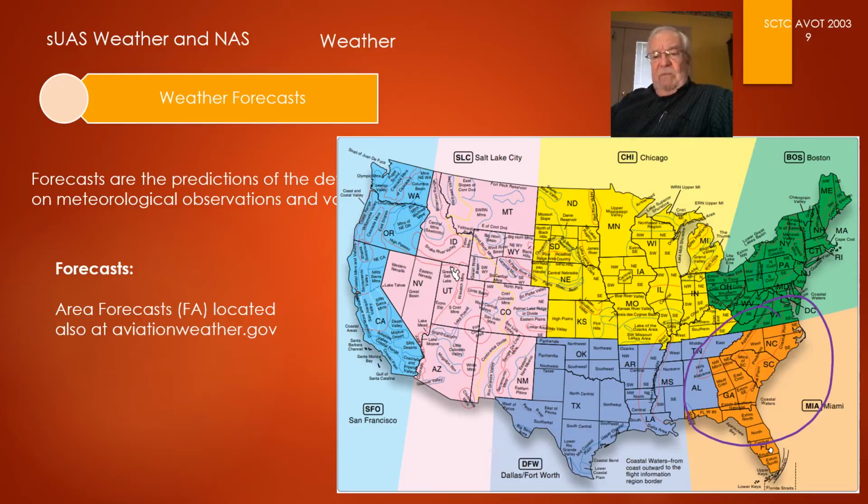You can see these different regions: the Northeast, and there's a central Chicago area, Boston area, Salt Lake City area, Dallas area. Okay, so these are basically larger. They are also coded very similar to METARs, except because it's a forecast, it will have forecast periods of time. And we'll look at that in a little bit.